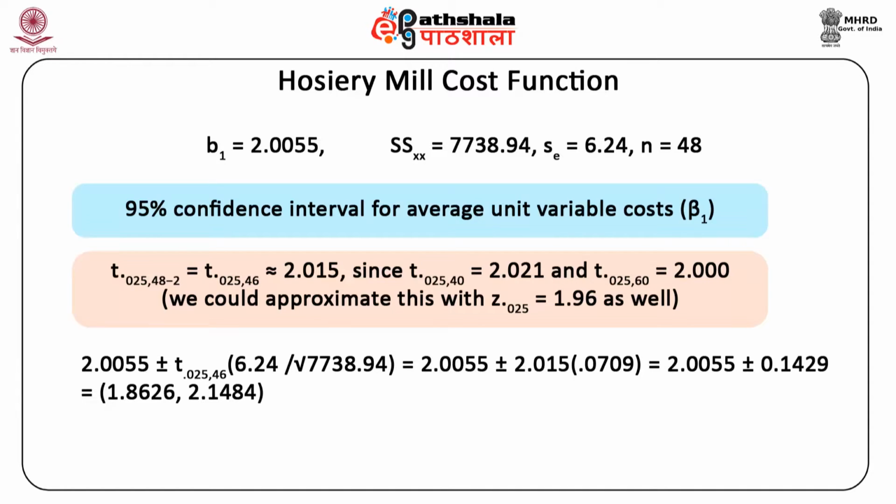This is the incremental cost of increasing production by 1 unit, assuming that the production process is in place. So similarly, we can define it for coefficient beta 2 as we have done now for beta 1, which was estimated by B1.